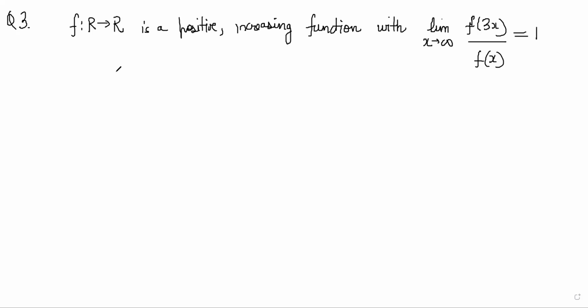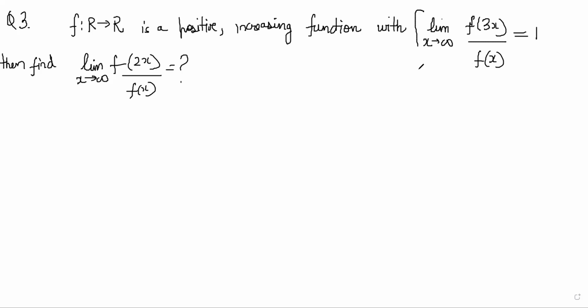Then you have to find limit x tends to infinity of f of 2x by f of x, right? Okay, it's a positive increasing function and this limit is equal to 1. So limit of f of 3x by f of x is equal to 1.